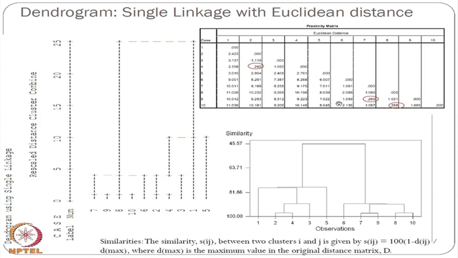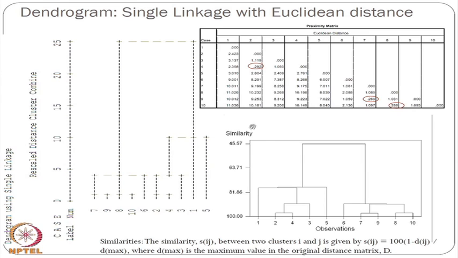Once the final click is made, we get this type of diagram. This is your Euclidean distance matrix, this is the dendrogram, and this is also a dendrogram.